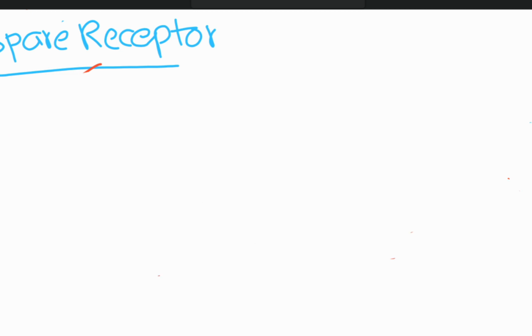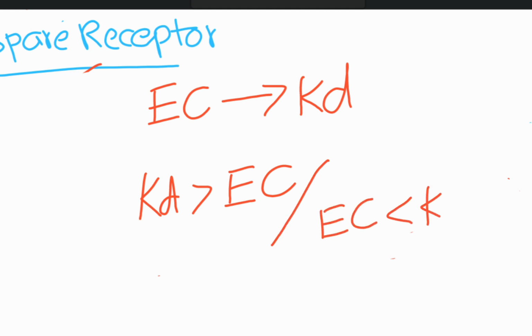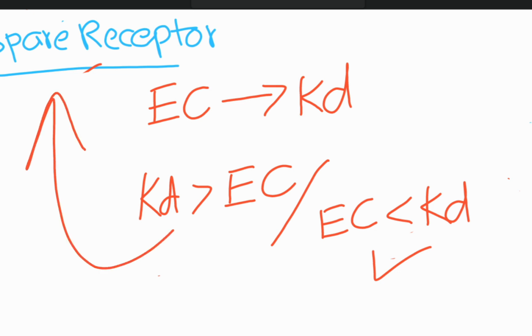Now, if we compare the 50% of the maximal effect, which is the EC50, with KD, which is the 50% of the maximum binding effect, and the KD is greater than the EC50, or EC50 is less than KD, then we can say there is a presence of spare receptors.